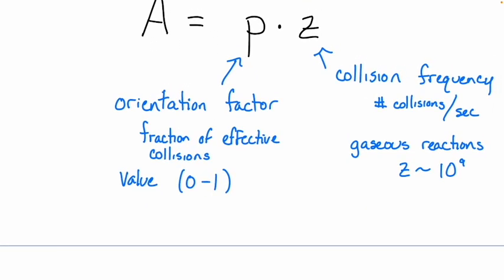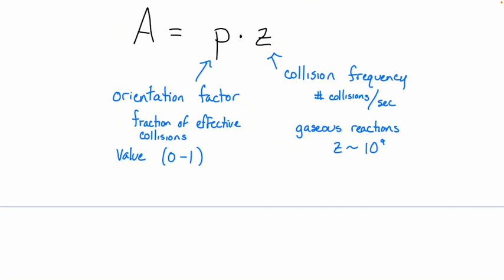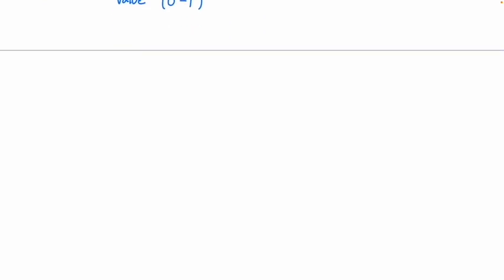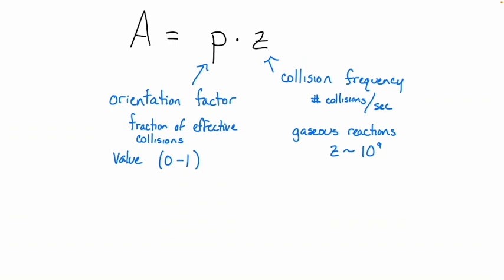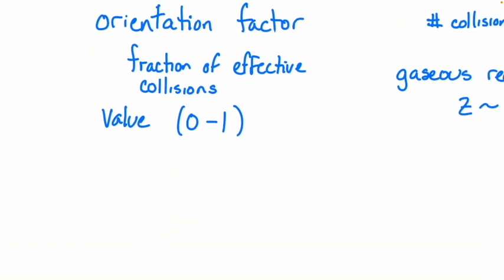Okay, just to say a little bit more about this orientation factor here, it varies for reactions. For perfectly spherical reactants, like single atoms, if it's a sphere, then all of a sudden it doesn't matter where you hit it, right?